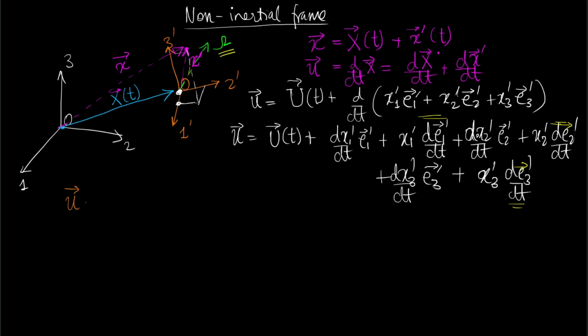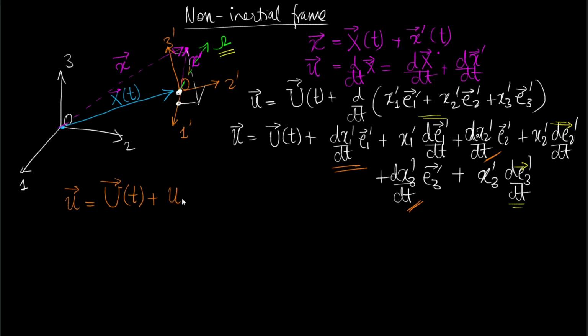So U prime will thus be capital U plus, so now dx1 prime, dx2 prime and dx3 prime, they are essentially the velocities as seen in the non-inertial frame.